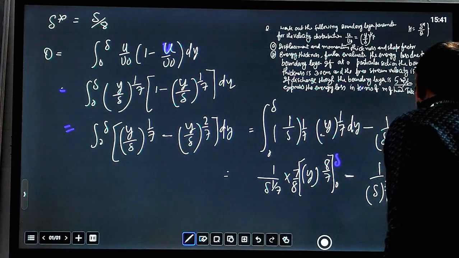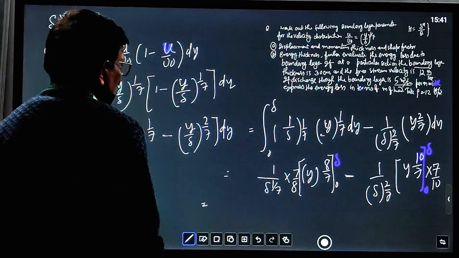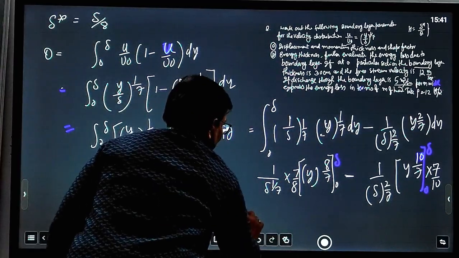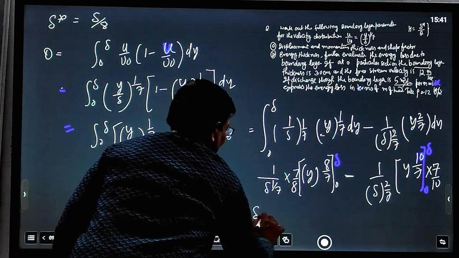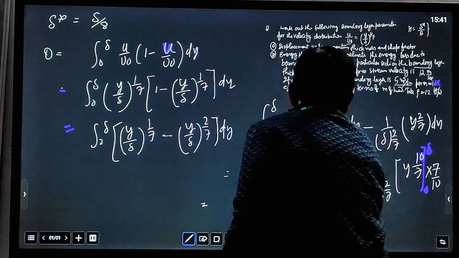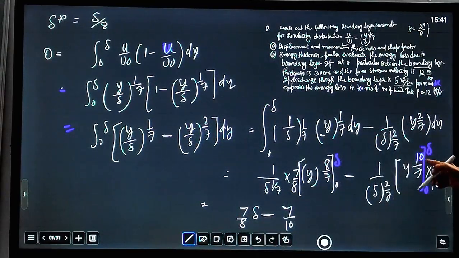Taking limit 0 to del, that will be equal to 7 by 8. Simplifying, we get 7 by 8 del minus 7 by 10. Simplify it, 2 by 7 will go up, so 10 by 7 minus 2 by 7 gives 8 by 7.